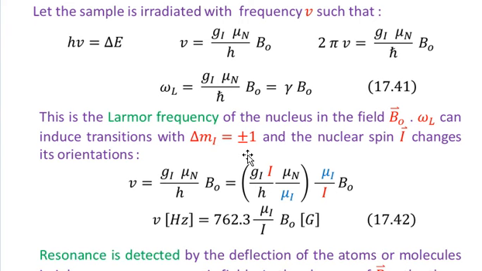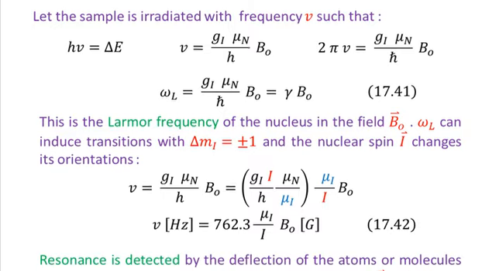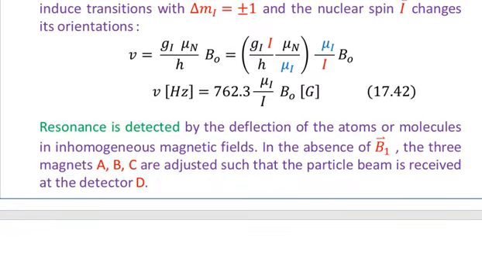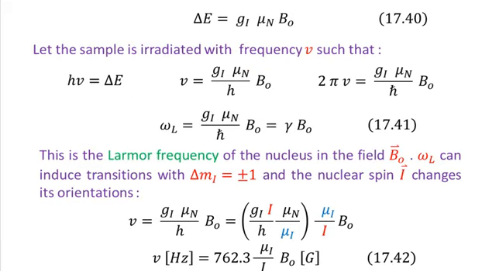Such a method is called the nuclear spin resonance, because in the nuclear spin resonance the spin will change either in absorption or in emission. So the nuclear spin I will change its sign, that is, it will change its orientation, its direction.